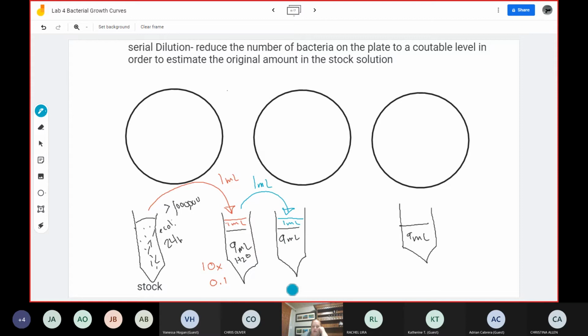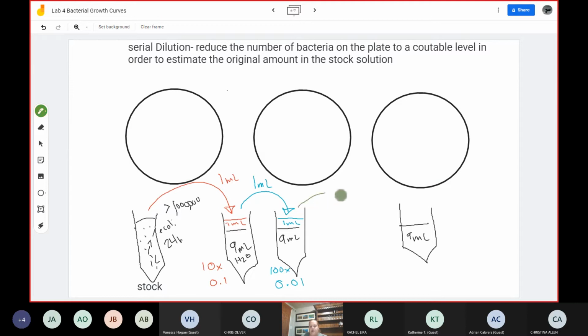So now your dilution in your second tube would be 0.01, because your decimal point is moving to the left each time by 10, because this is a 1 to 10 dilution. And this would be 100 times less bacteria than your original tube, or 10 times less than your first tube. And the very exact same thing would happen.